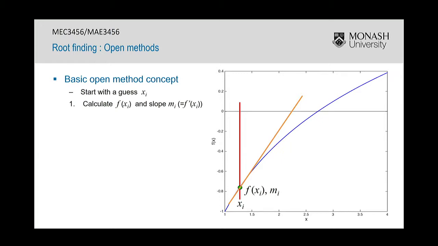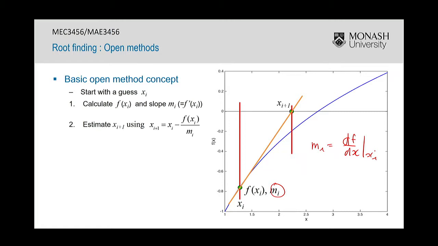I'm not going to say yet how we calculate the slope, that's where the three different methods come in, but keep in the back of your mind that we need the function value and the slope. I'm going to call the slope mi, just so that we don't get it confused with anything else. What mi is equal to is df dx evaluated at the point xi. So if we know that slope, we know the function, we've got everything we need. So we calculate those things.